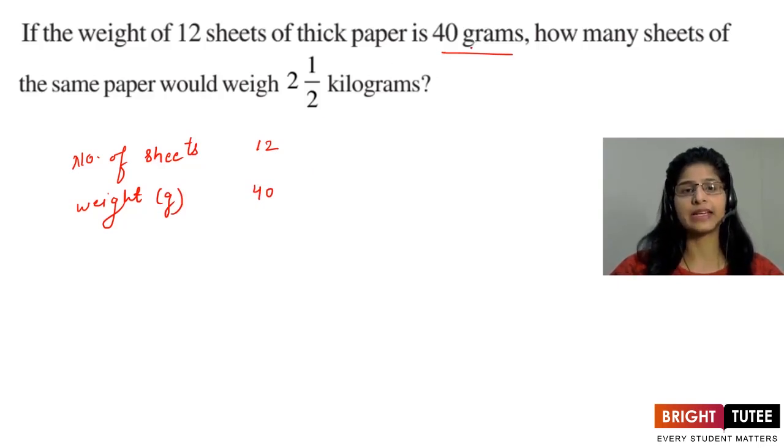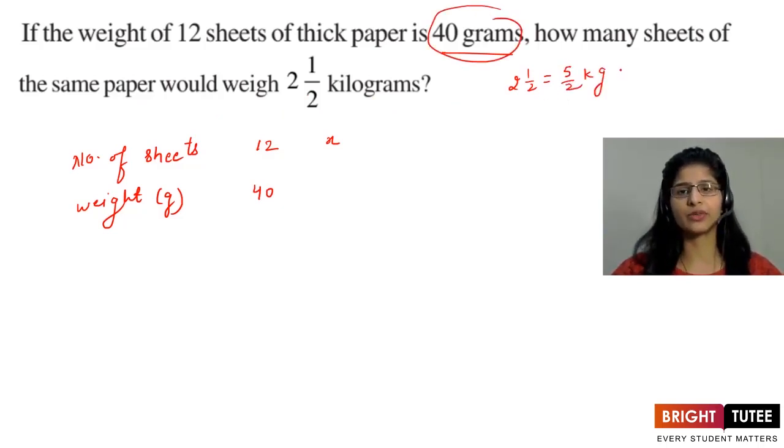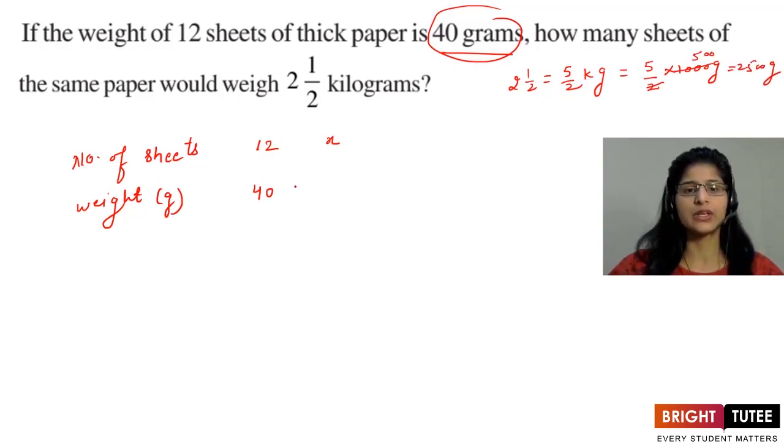Now they're asking how many sheets of the same paper, we have to calculate the number of sheets, would weigh 2.5 kilogram. So 2.5 kilogram is 5 upon 2 kilogram, but here it is in grams, so we'll also convert it into grams. 5 upon 2 into 1000 grams. 2 ones are 2, 2 fives are 10, 0 0. We get 2500 grams. So it is 2500 grams.